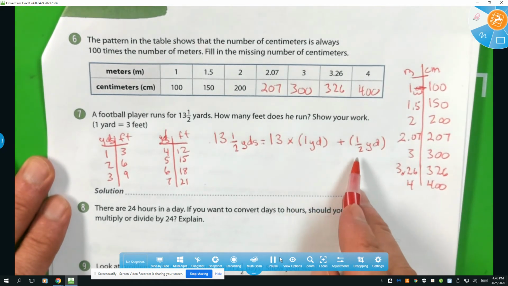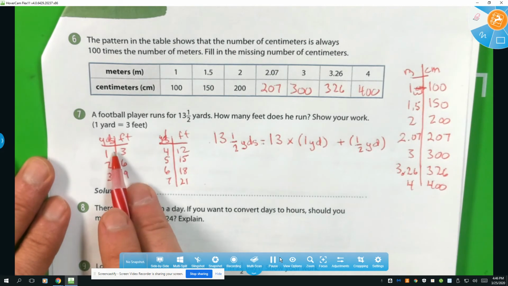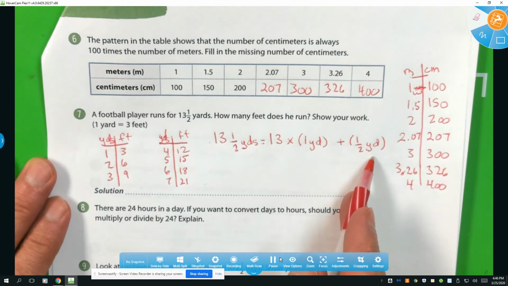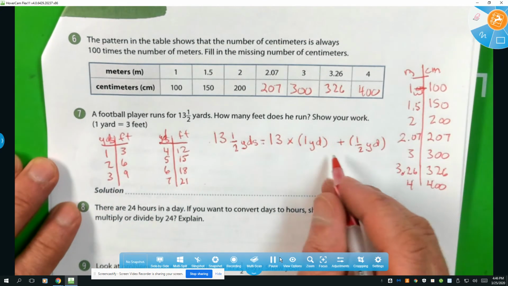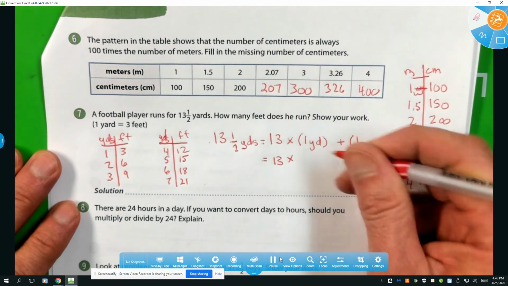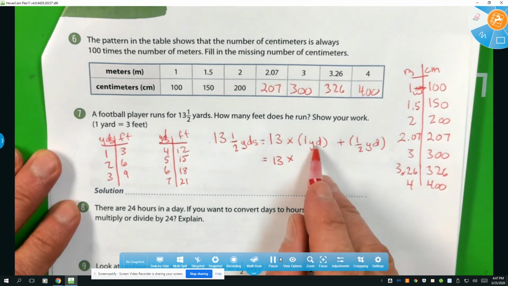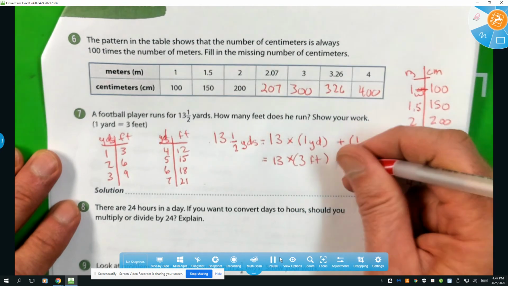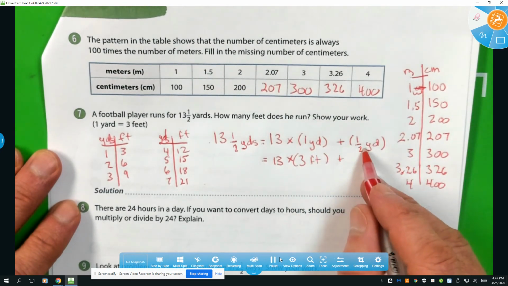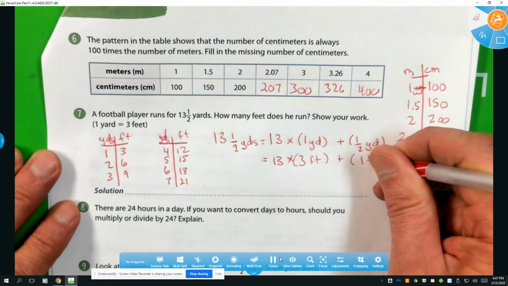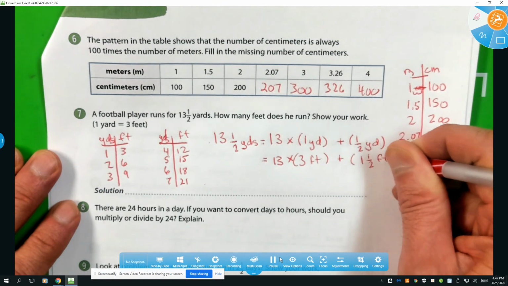Okay, so we're going to feet. Well, what would a half of a yard be? If 1 equals 3, a half would be 1.5 feet. So I'm going to change yards to feet. That's going to be the same as saying 13 times, what's our conversion from yards? 1 yard is 3 feet, plus a half of a yard, and that's going to be 1.5 feet.